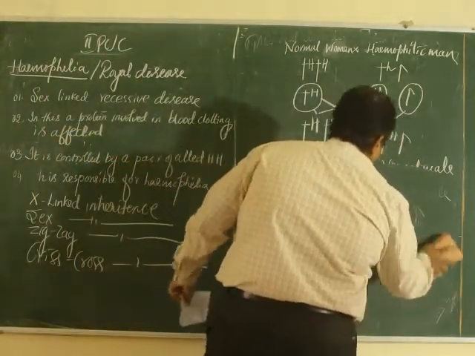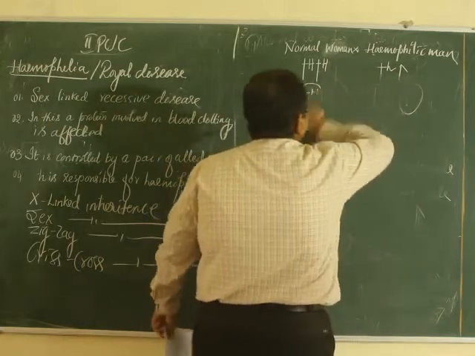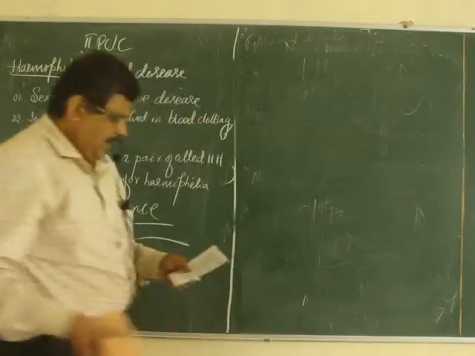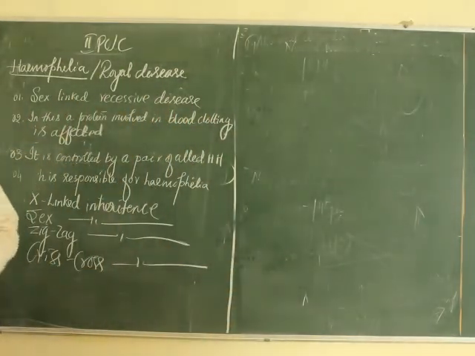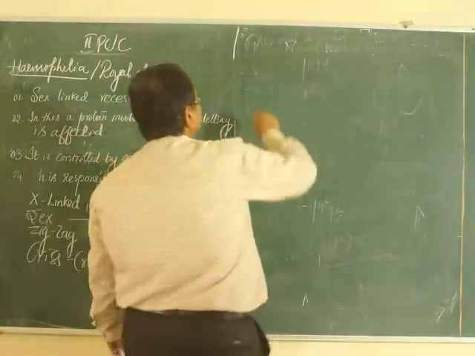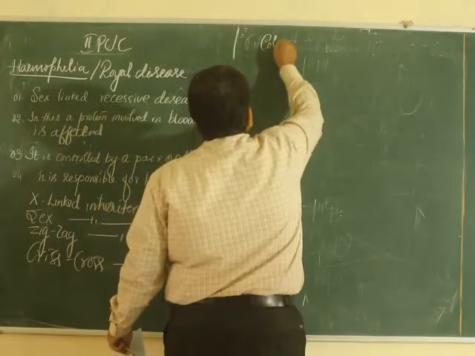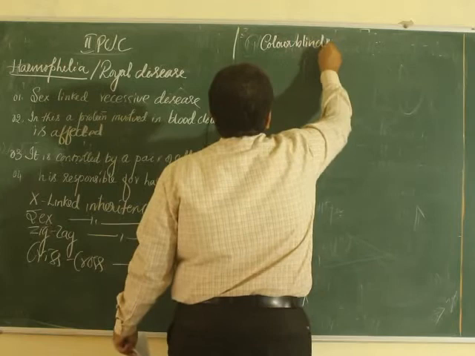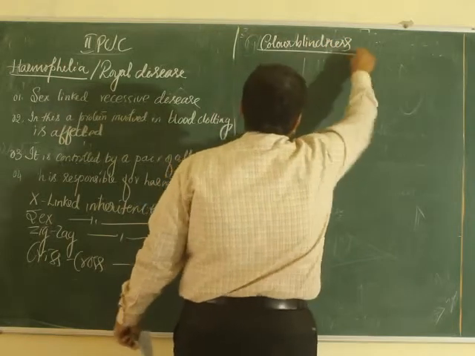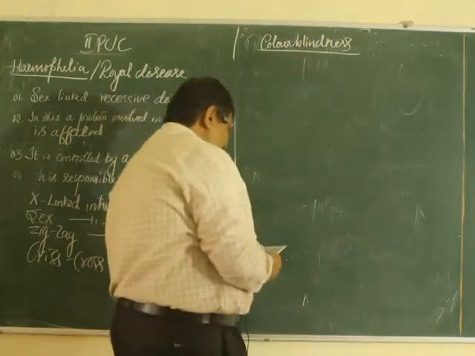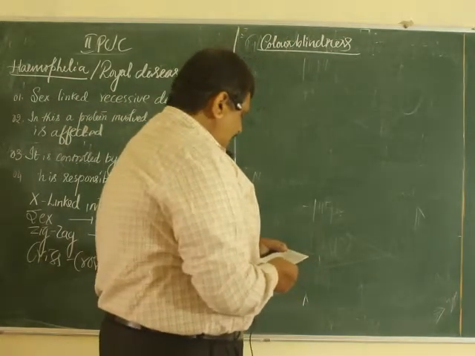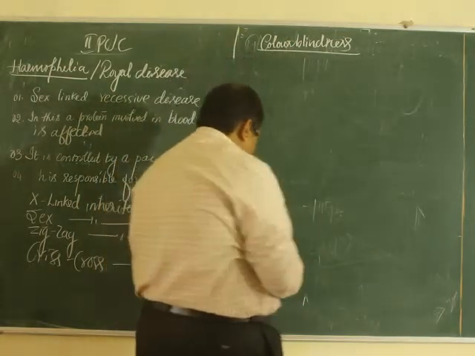Now I'll give another example, color blindness. It is also a sex-linked disorder because the gene is situated on the X chromosome, and it is a mutation of the X chromosome.